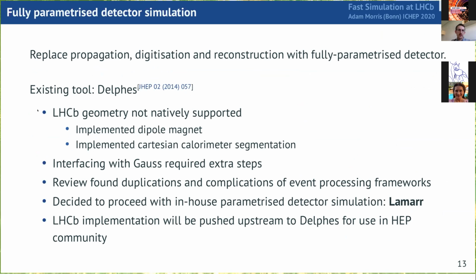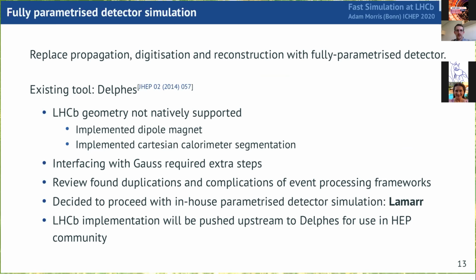When we looked at this, we saw that the LHCb geometry is not natively supported. We use a Cartesian geometry rather than a cylindrical one. So we implemented a dipole magnet and a Cartesian calorimeter segmentation. Then it was found that the interfacing with Gauss, our simulation application, required some extra steps.